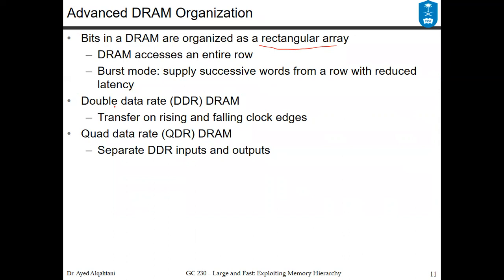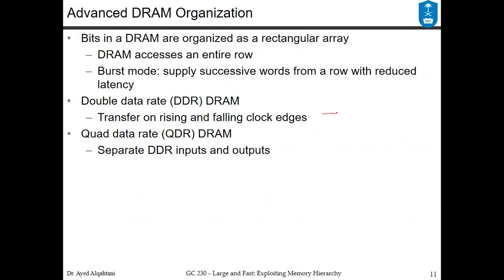Now, you have heard of the DDR RAMs. By DDR, we mean double data rate RAM. That's the abbreviation for it, DDR DRAM. And this means that you are transferring on a rising and falling clock edge.